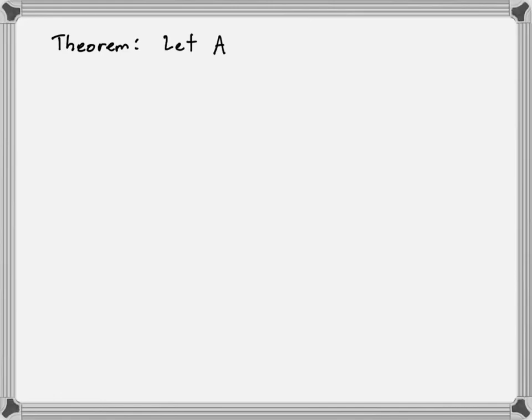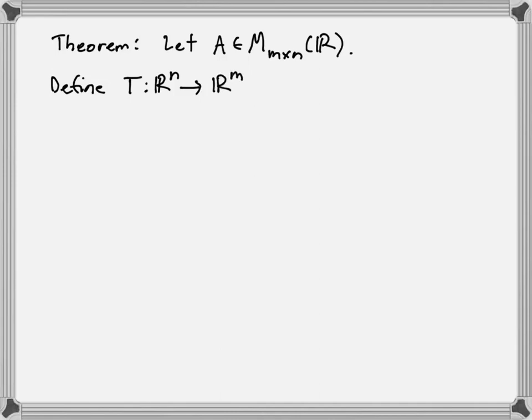Let's take any matrix A, and let's say that it's an m by n matrix. And we're going to define a linear transformation from Rn to Rm as follows.